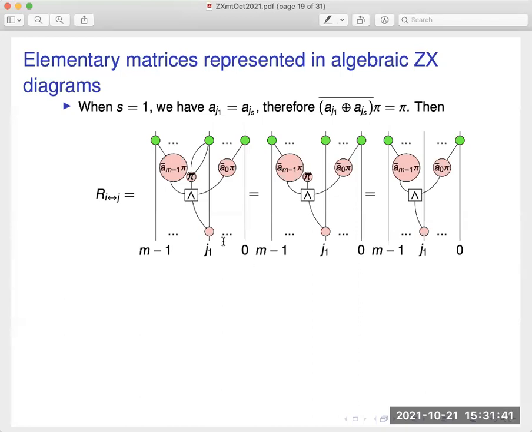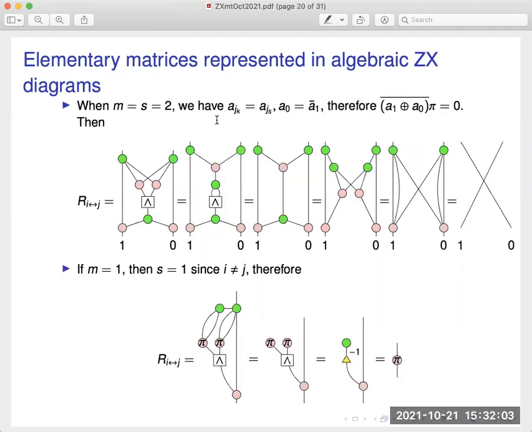So let's see the special cases. If S is just one, then the connection should be to the same green node, so you basically get this diagram. And if S is 2 but M is just 2 wires, then as we know before, the swap of I and J is just the usual swap.